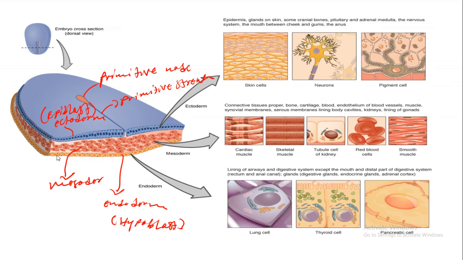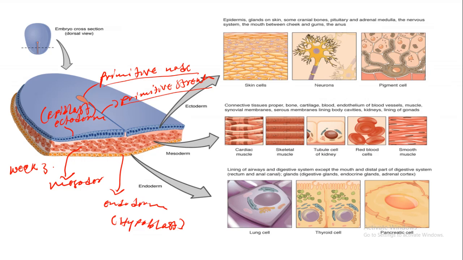And these layers are formed in week 3. Okay, so let's quickly move on and look at the formation of the primitive streak. Remember, in this diagram I've talked about the primitive streak, and I've also talked about the primitive node.